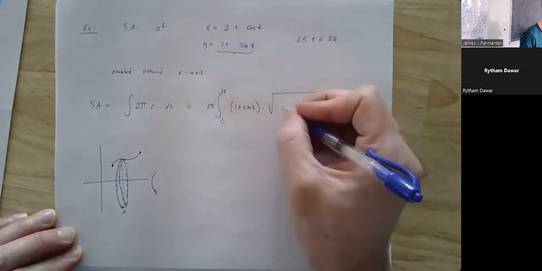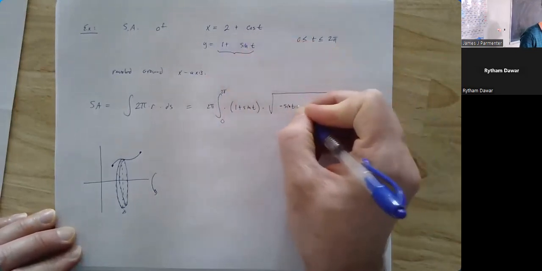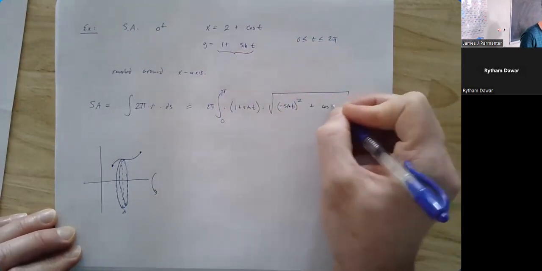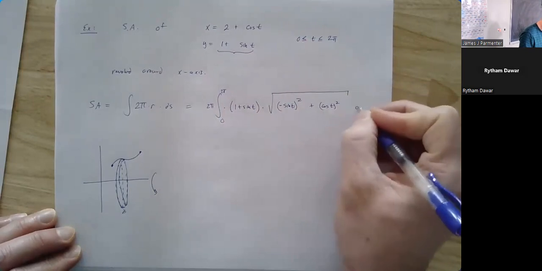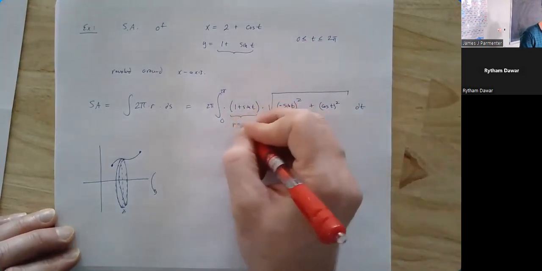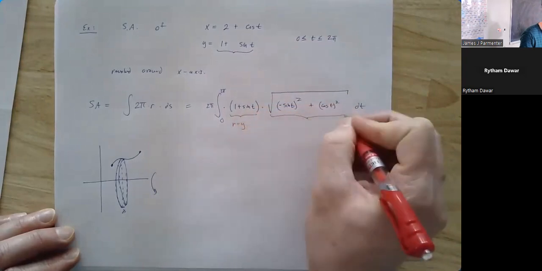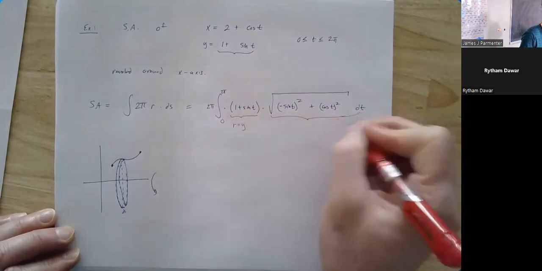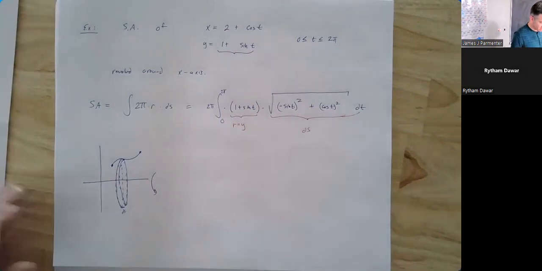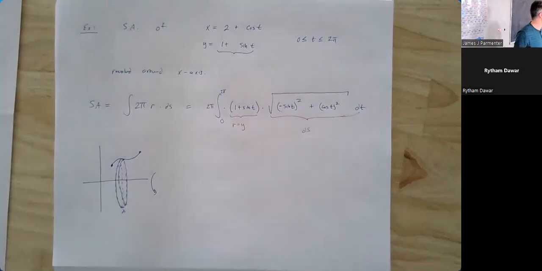So dx dt is negative sine t, and dy dt is cosine t. So there's my radius, which is equal to y, and there's my ds. But the square root of sine squared plus cosine squared is just 1.